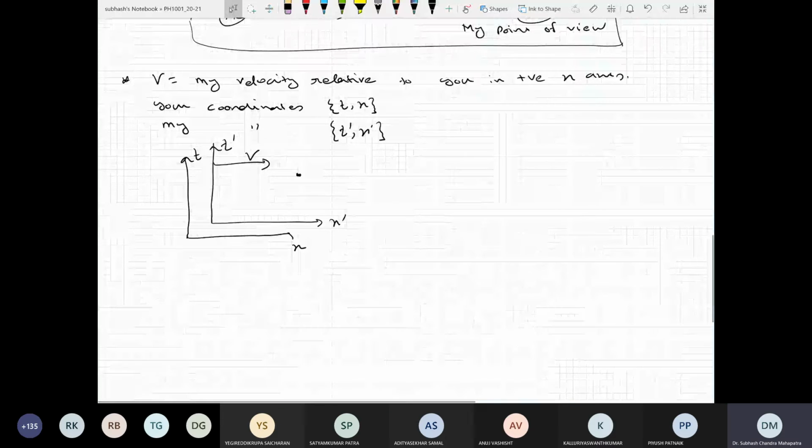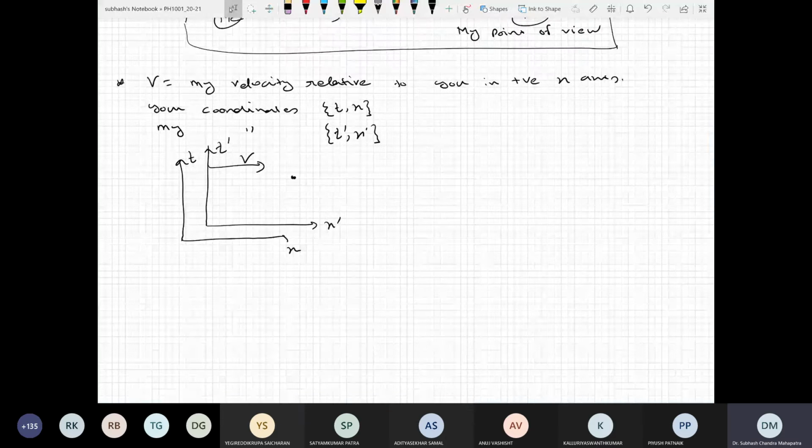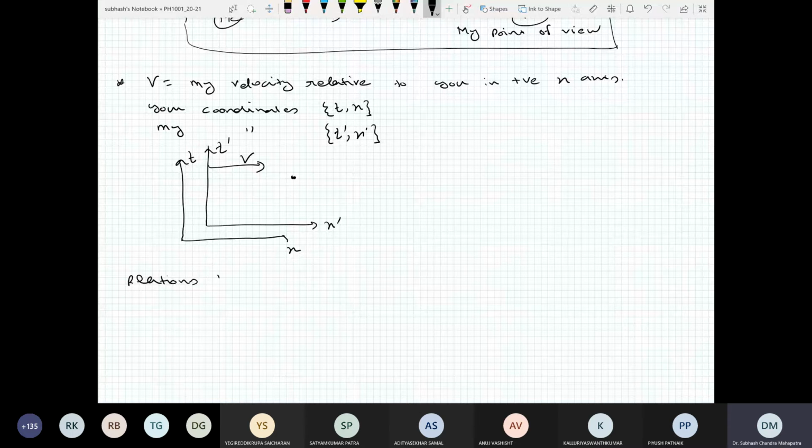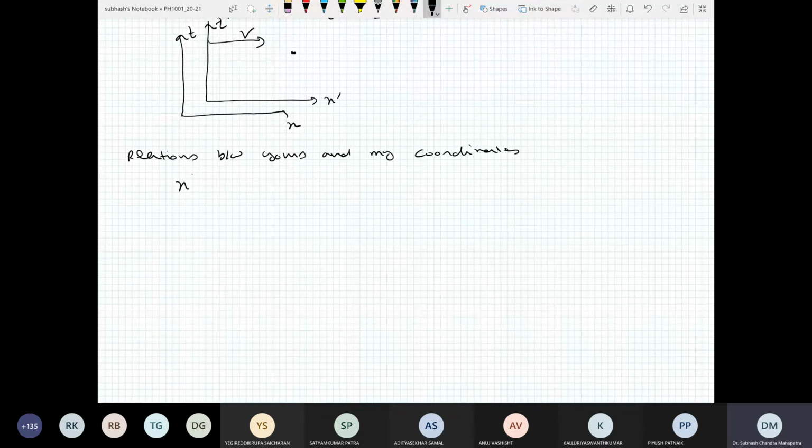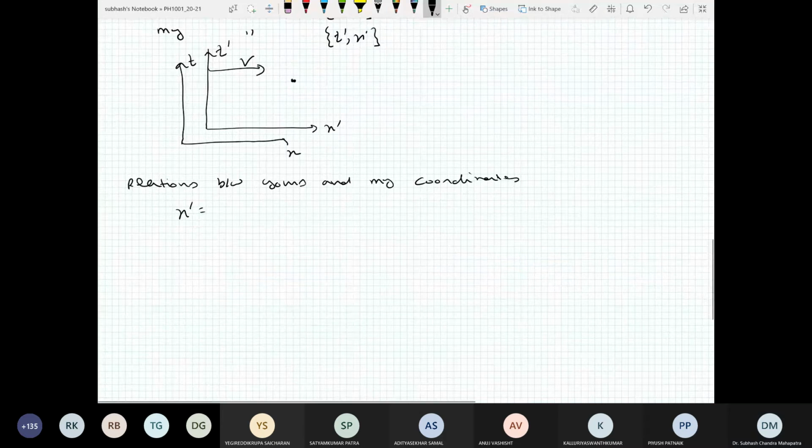So you can see very easily the relations between your and my coordinates. Then you can clearly see that x prime would be x minus vt.